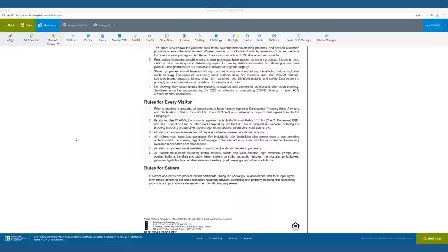I do want to say about the PED-V form. Everybody who goes into that property has to sign a PED-V form, and that PED-V form should be within the last 24 hours. So if it's any later than that, then they have to do another one.